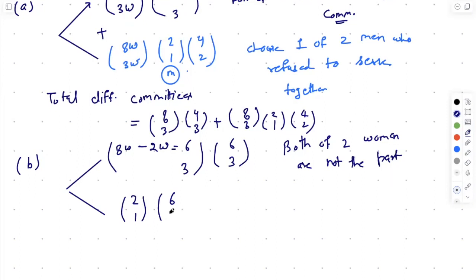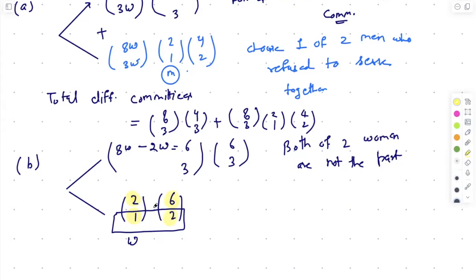How many women do I need? 2 women. I choose 2 women from 6. This is representing the number of women. So out of these two, let me just take one of them out, and out of the remaining 6, let me just take 2 women. So now the committee will work.